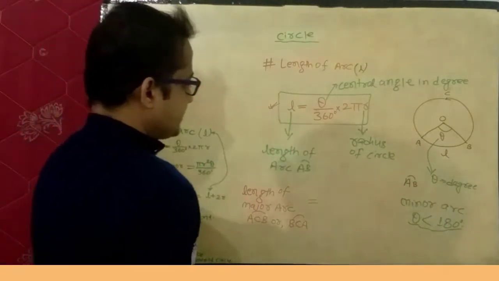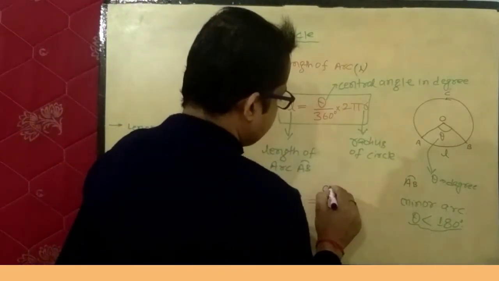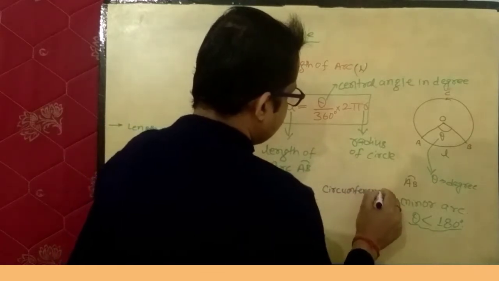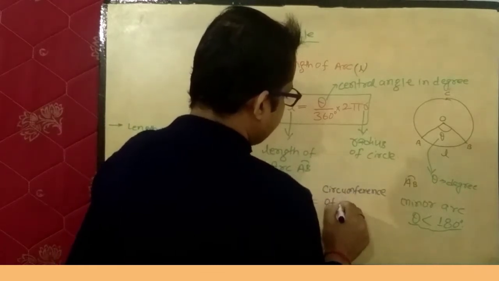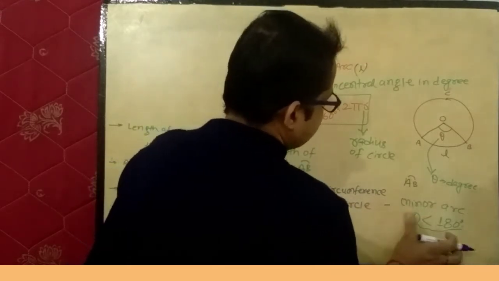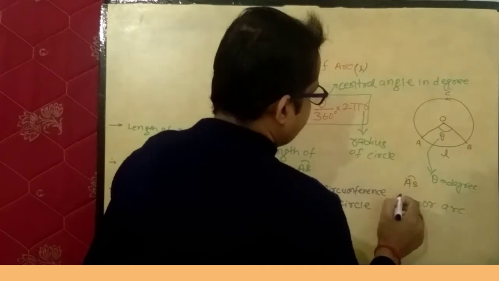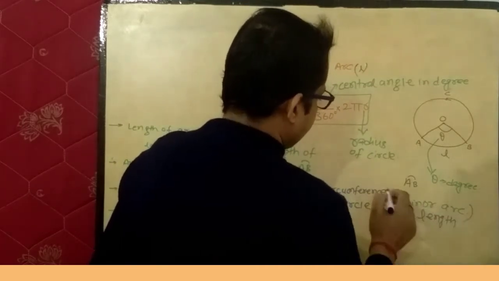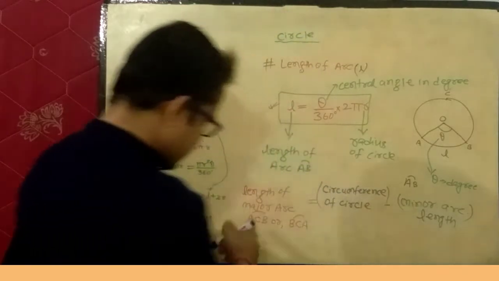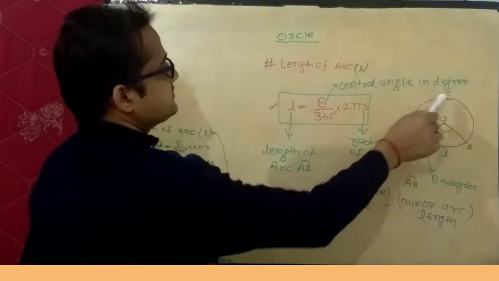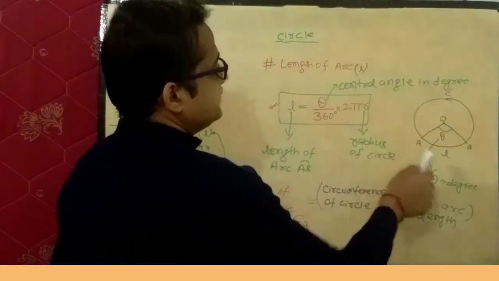So circumference of circle minus minor arc length. This is the length of the major arc of the circle ACB or BCA.